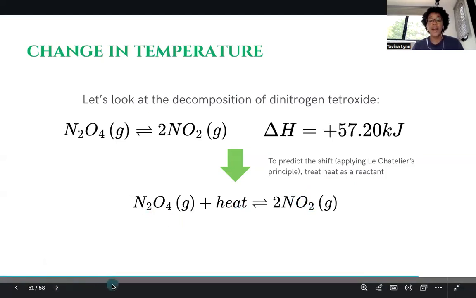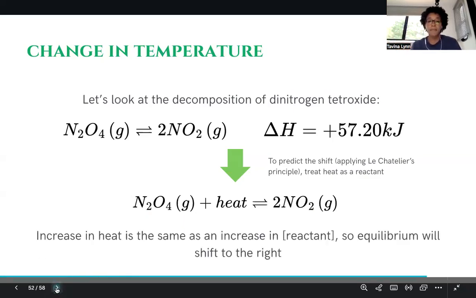To figure out how a change in temperature, i.e. a change in heat, will impact the system, and to see which direction the system will shift as a result, we use the same method as we did when we looked at how we change reactant concentrations, because heat is now just a reactant.